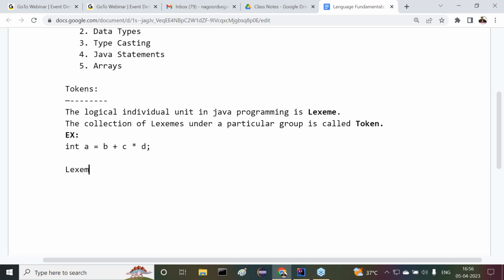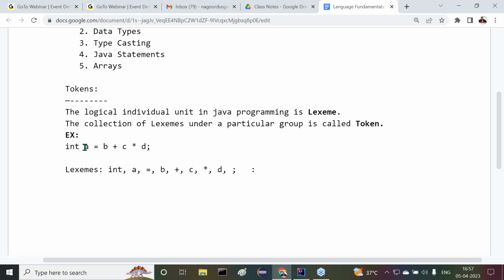First of all, let me write the lexemes. What are the various lexemes that exist here? Now try to understand it. int, a, =, b, +, c, *, d, ;. Overall, how many lexemes are available?